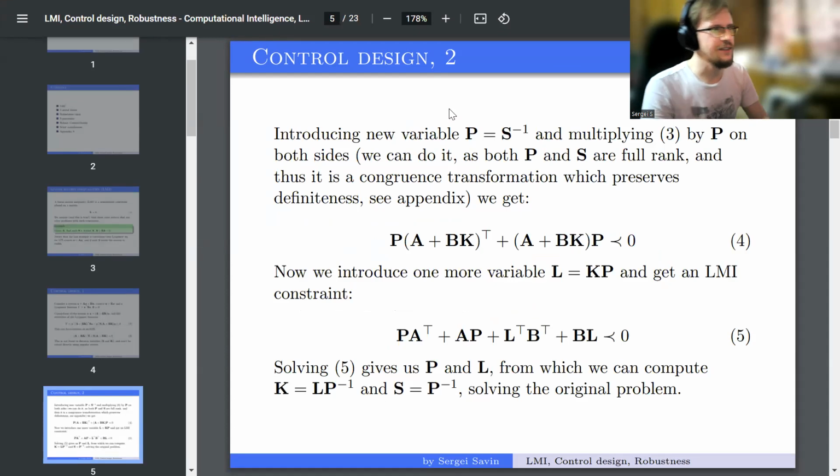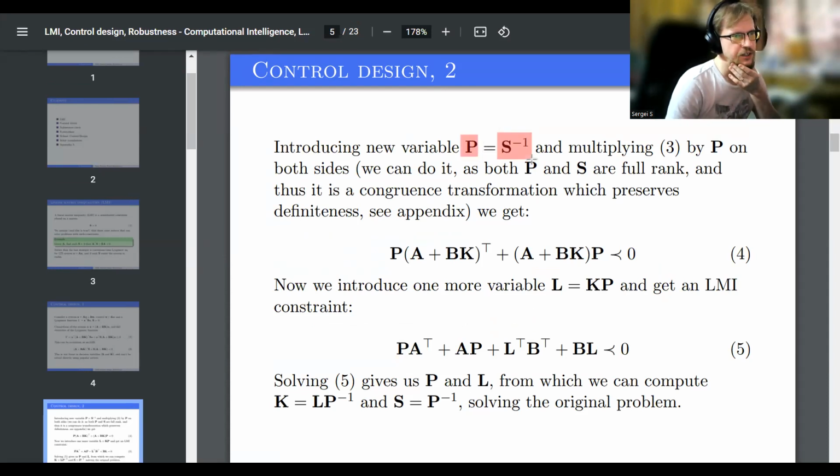Then next, what we do is a very typical step in the derivations. We introduce a new variable P, which would be S inverse. And we multiply the original equation on both sides. Why can we do that?